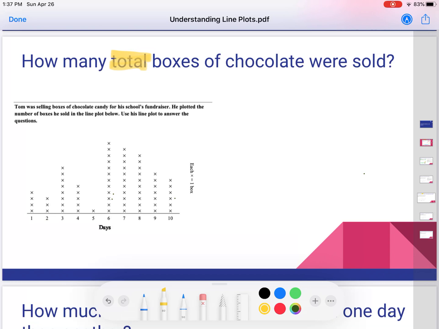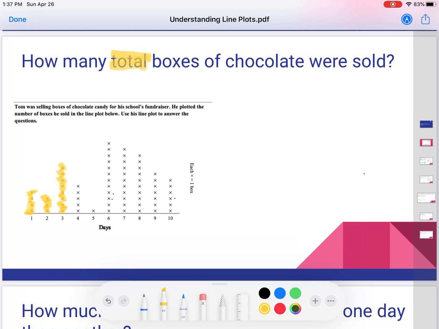If so, you're right. The total tells us that we can count up all of the boxes Tom sold, which might take a while. For example, 1, 2, 3, 4, 5, 6, 7, 8, 9, 10, 11, 12, 13, 14, 15.